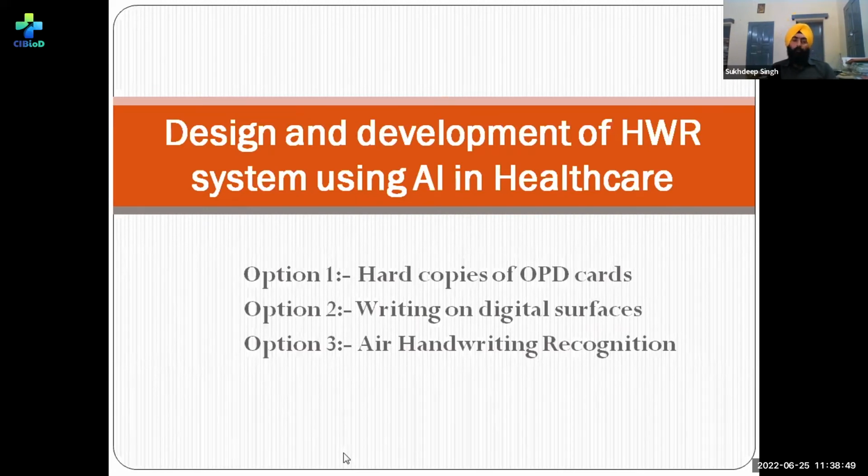I think we have already discussed the first two, because in offline handwriting recognition we use hard copy OPD cards, and if we are writing directly on a digital surface, whatever the doctor has to write, he writes directly on the surface, and that is automatically recognized by the system and converted to typed form.